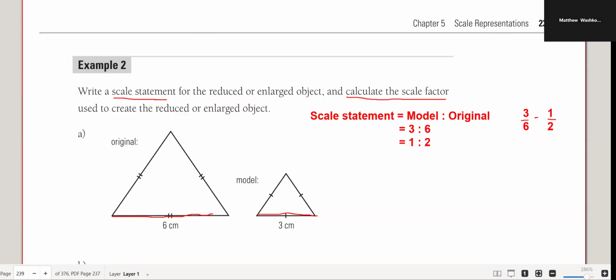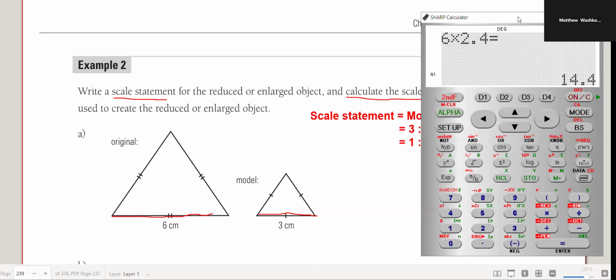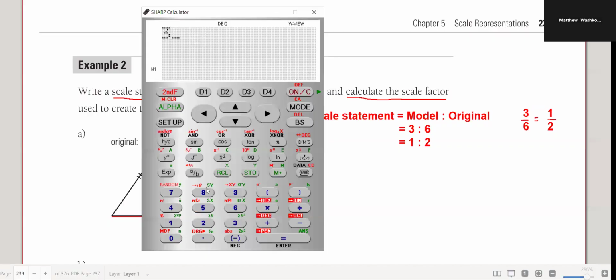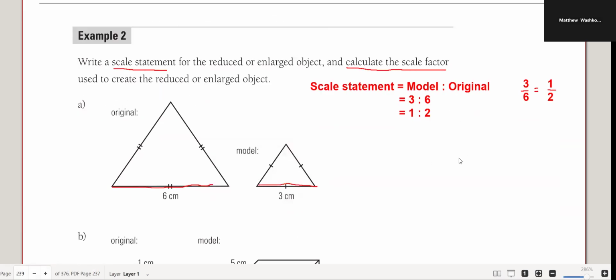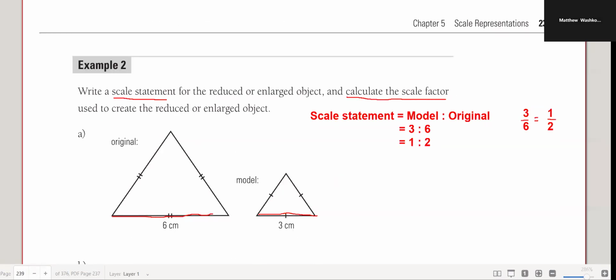Again, ratio or fraction, it doesn't matter which one, whichever one works best for you. Obviously, your calculator can simplify fractions a lot better than you can ratios, right? So 3 over 6 here, for example, that's 1 over 2. So scale statement, boom, that's it. We're done with the scale statement.